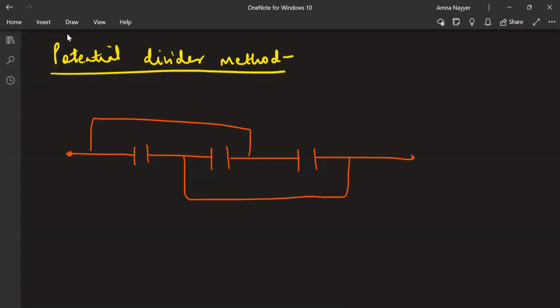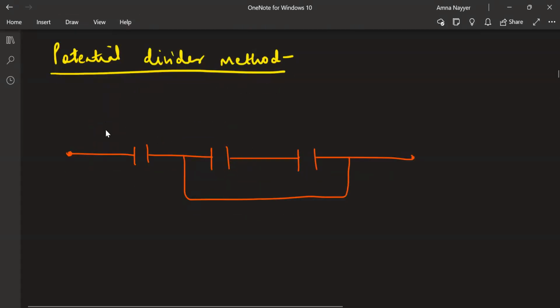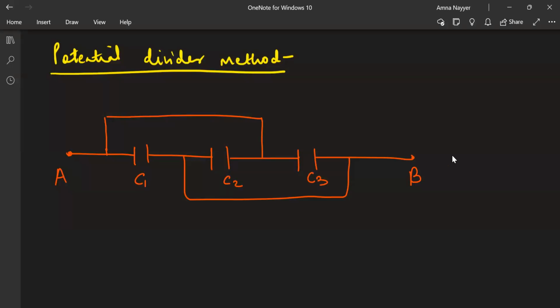Okay, this is the circuit. A point, B point, let's say this is C1, C2, C2.